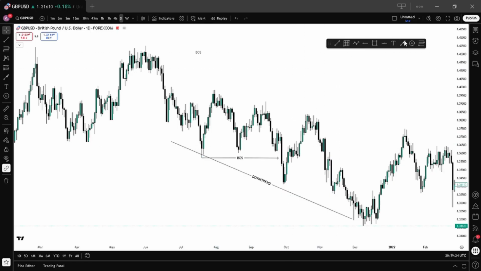I'll do a video that explains why that is not a break of structure, and which ones are valid break of structure and which are not valid. But nevertheless, I'll do a video on it. So it's a break of structure.